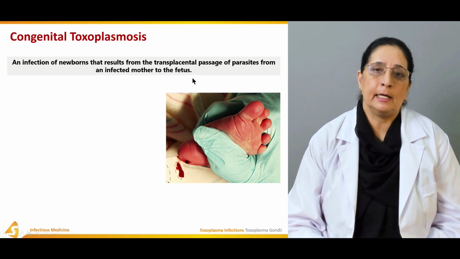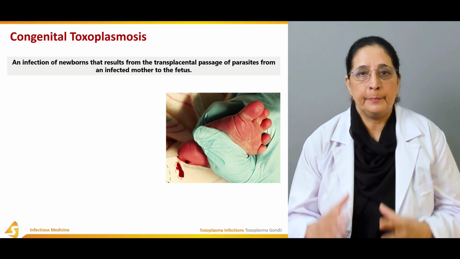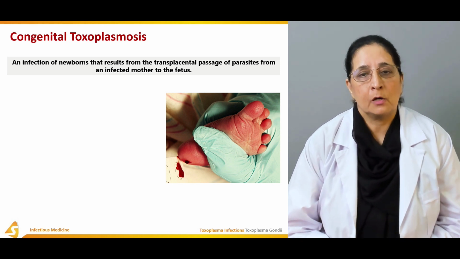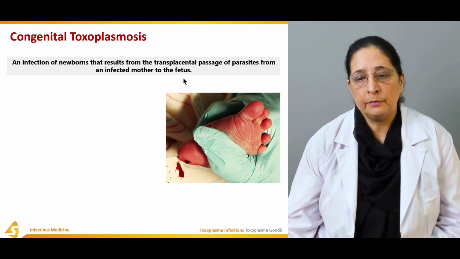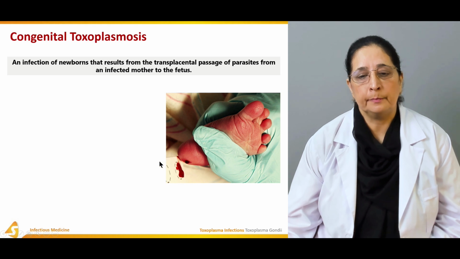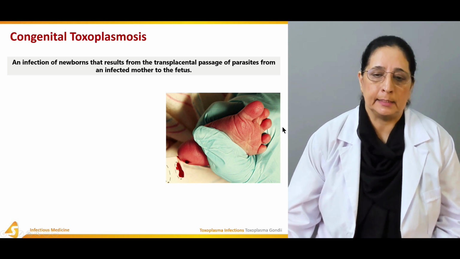It occurs as a result of vertical transmission from the infected mother to the baby. Here, you can see the test done with a heel prick of the newborn baby, and the blood is put on the test paper and then tested for toxoplasmosis and any other abnormalities.